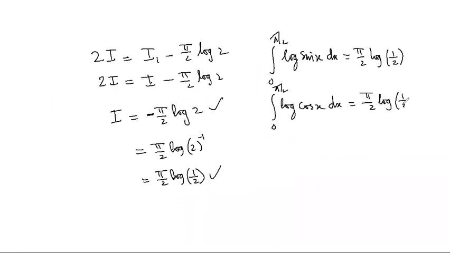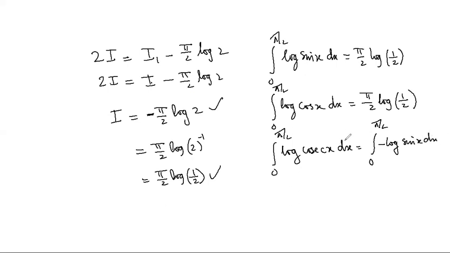Understood, sir. Okay. Now tell me the answer for 0 to pi by 2 log cosec x. What will happen in log cosec x? Sir, only the sine will be inverse, cosec, the rest x remains the same. Log cosec x is nothing but minus log sin x. Do you agree with this? Yes or no? Yes sir, cosec x is sin x raised to minus 1. This minus will come in front, so it becomes minus log sin x.